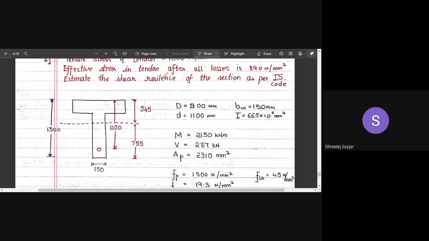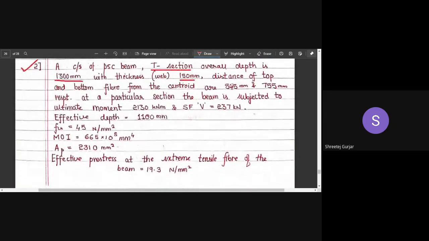A few remaining things are also given to us. The distance of the top and bottom fiber from the centroid are given to us, that is nothing but YT and YB. YT is 545 and YB is 755 mm.